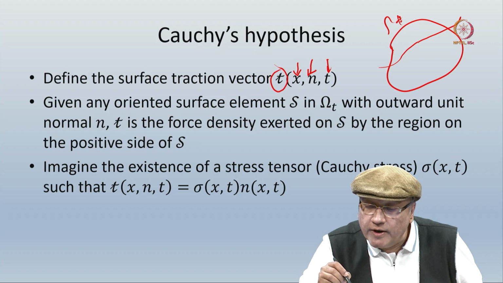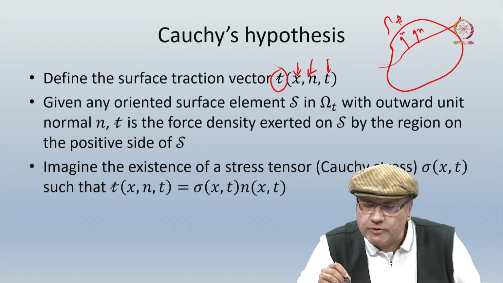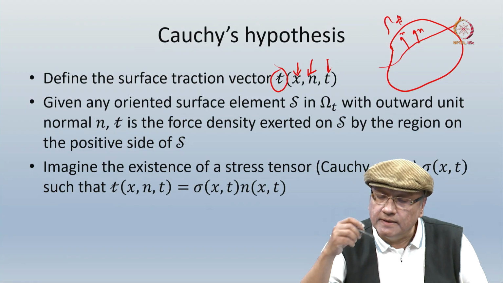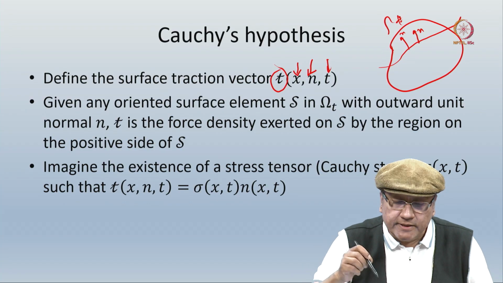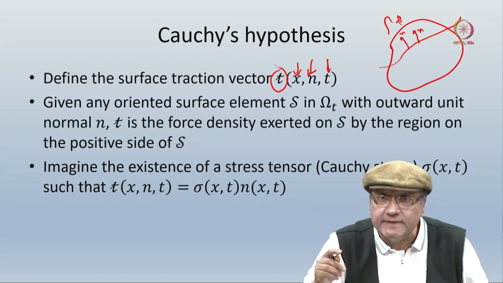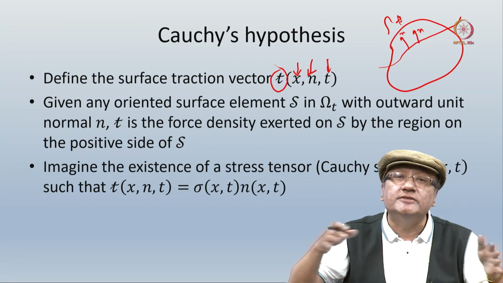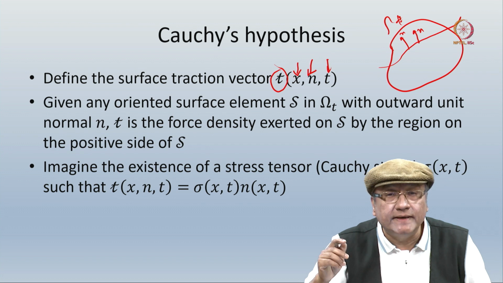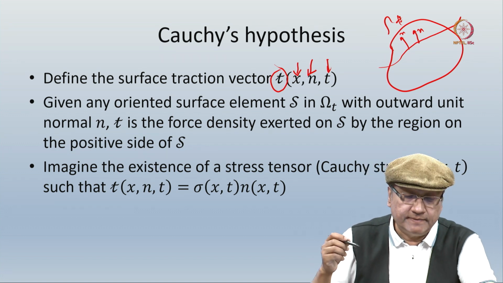So, at every point there is an outward normal n here, another n here, depending on the point x at which you are drawing the outward normal. Now, you assume that there exists such a traction vector on any such hypothetical surface that you think is imaginarily crossing this omega t, or any subset of it, it does not matter.